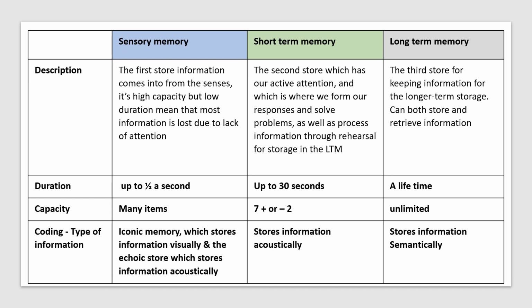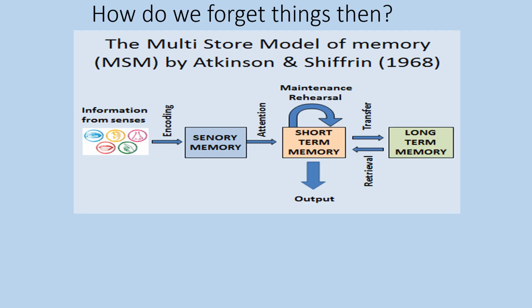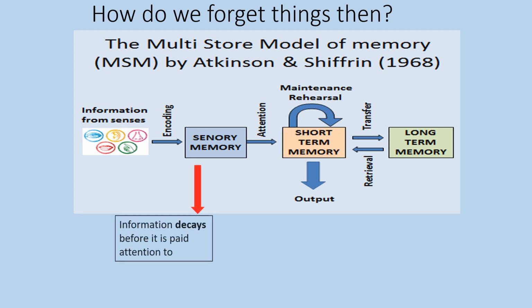So this is an adaptation. This is adding on to the model. Let's have a look. So there's the model. Well, first of all, we can lose information by it decaying before we pay attention to it in our sensory memory. So things you haven't been paying attention to don't even get processed. So for instance, I want you to think about your posterior right now. Think about your bum.